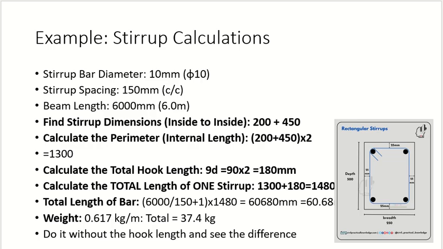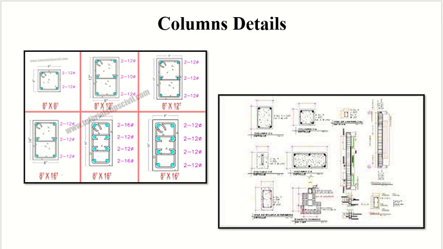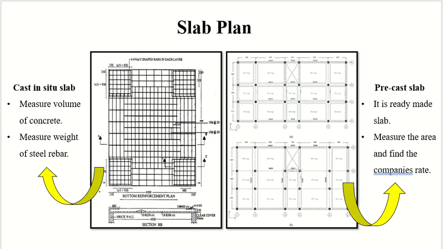Or you may see the tool, okay, I can calculate the length of the stirrup, but what is the stirrup? I don't know. Or the tool may give you two different items, one for precast and the other one for in situ slab, but you don't know the difference between them.